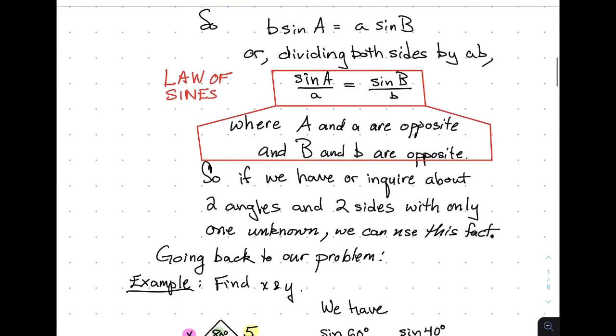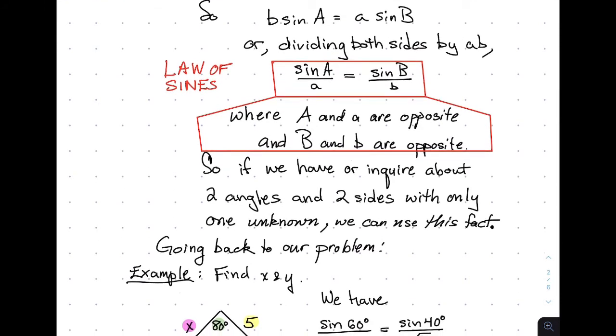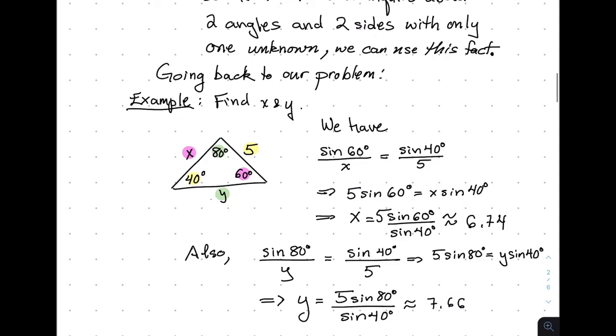Okay, so if we have or inquire about a total of two angles and two sides and we are only missing one piece of information out of these four, then you can use this law of sines to find your missing information. So going back to our example, we have this.